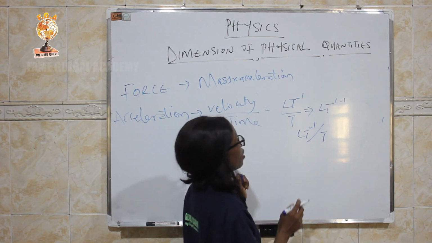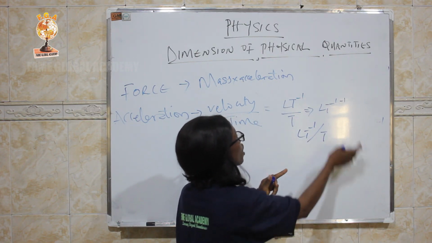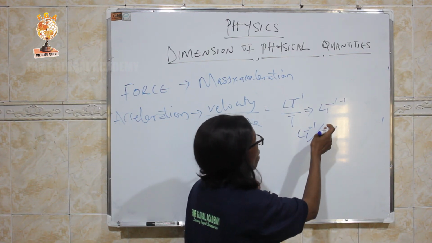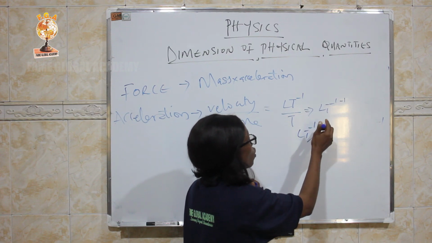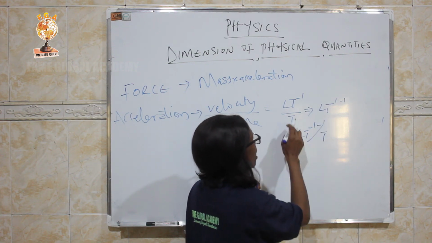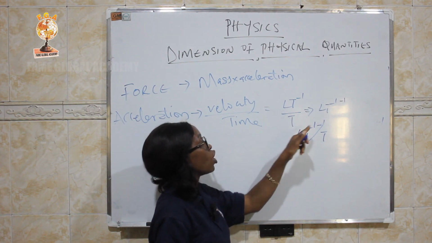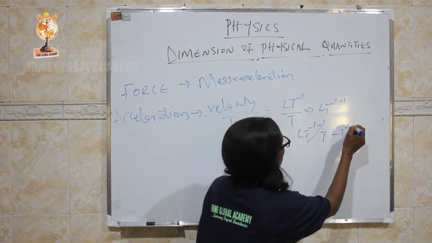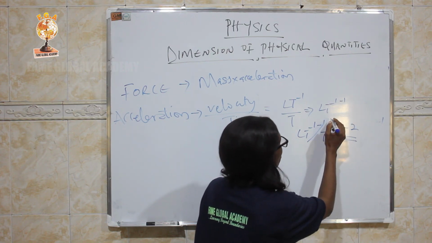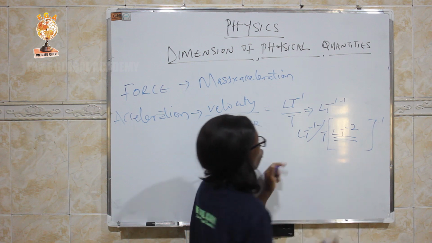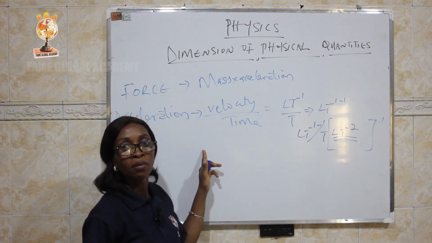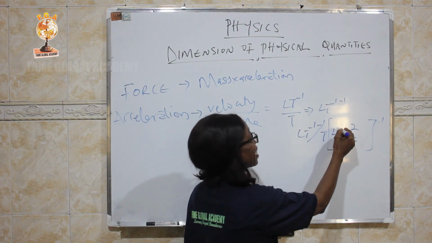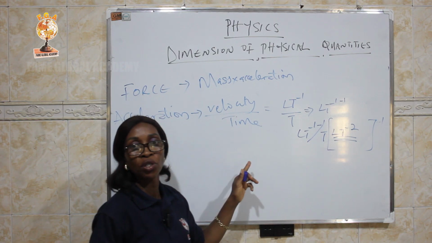If I take it upward, they will be on the same line, T goes up as 1, so it becomes minus 1. Since it's a positive 1 going up, it changes to minus 1. So it becomes LT minus 2. And this is now the dimension for acceleration.